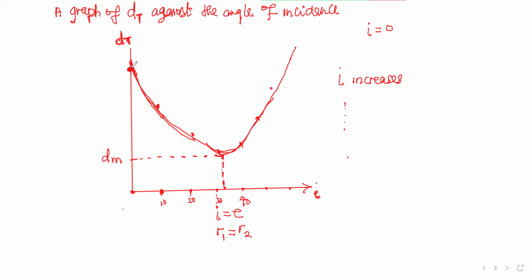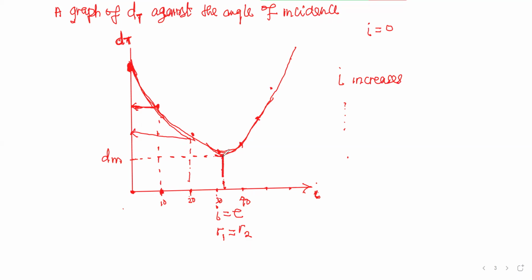We have the maximum deviation, then to 10. I'm just guessing values. Angle of incidence increases to 10, and this will be the point for the total deviation. When I is 20, this is how you can read the deviation.